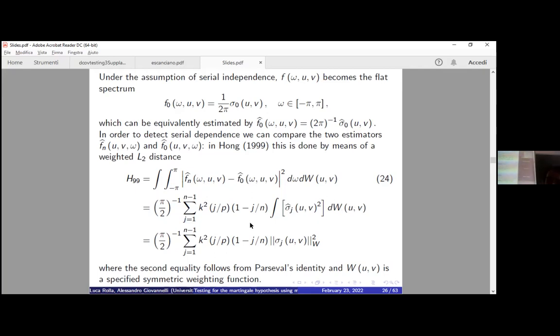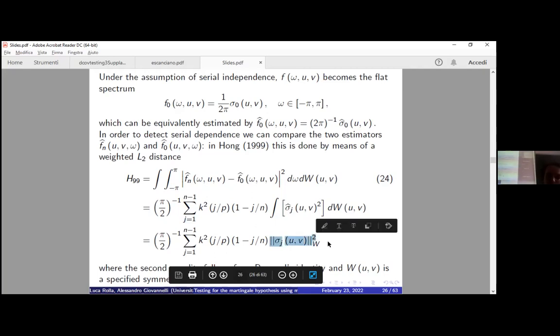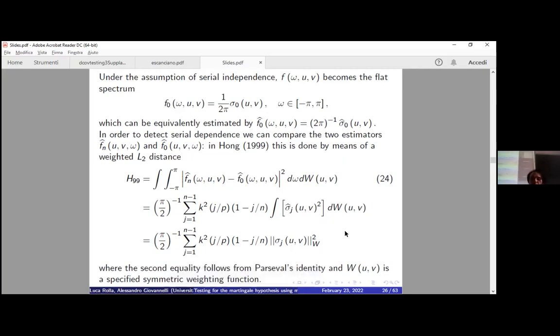And you can see in this definition of the statistic that we have the norm component we spoke about before, with the generalized covariance coming from characteristic functions.